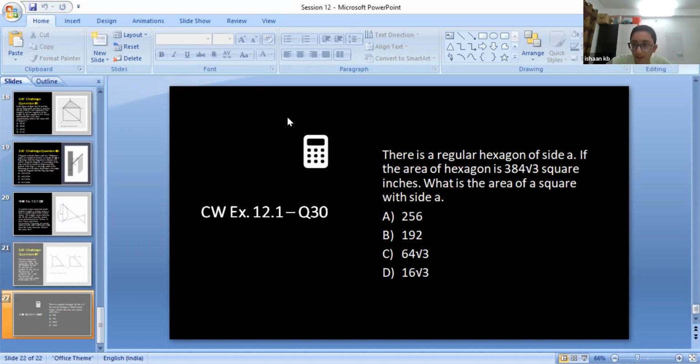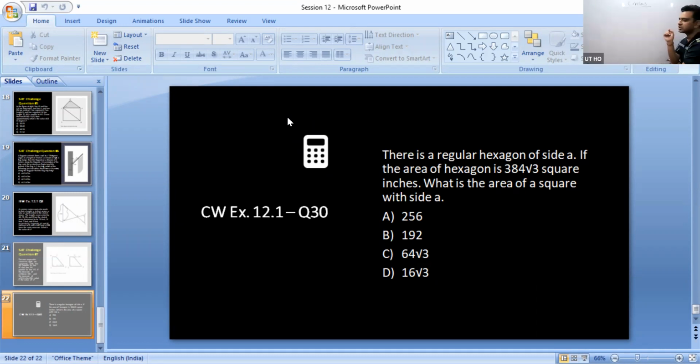Around a fixed point, like drawing points around a fixed point at a particular distance. Yeah. Okay. So it's a collection of all the points from a fixed point at a particular distance, and that distance is called the radius of the circle.